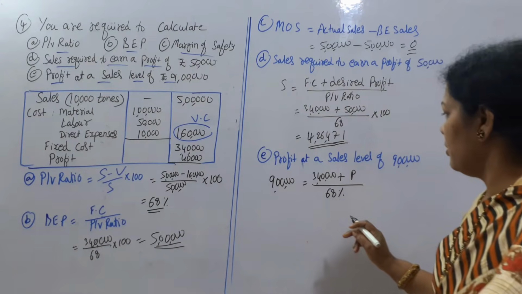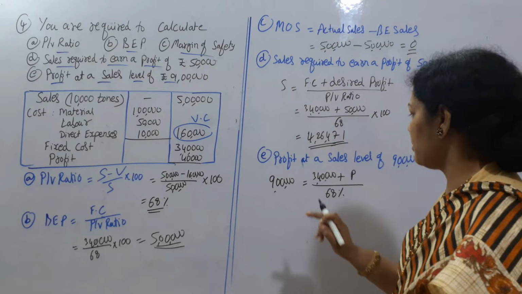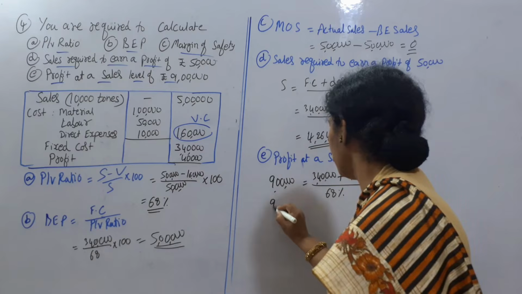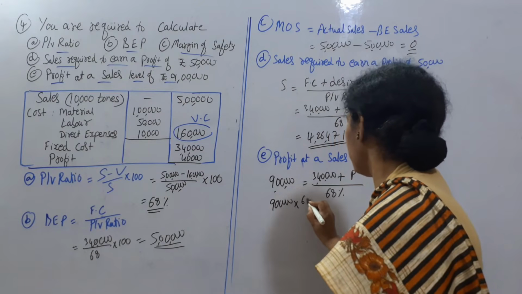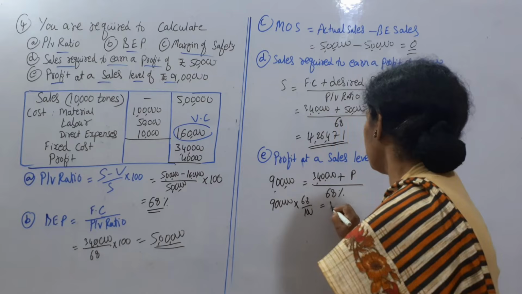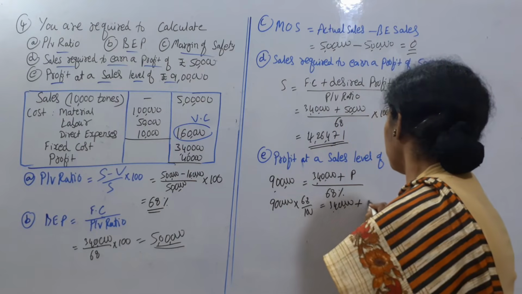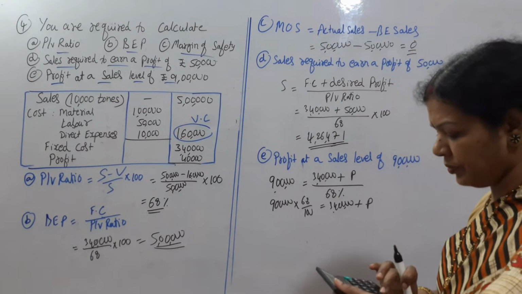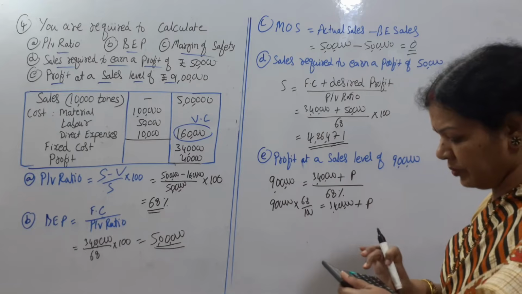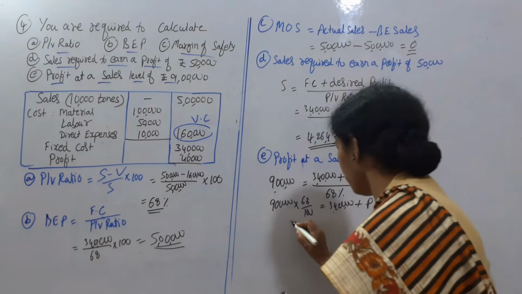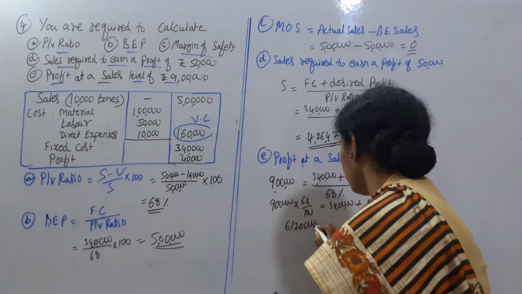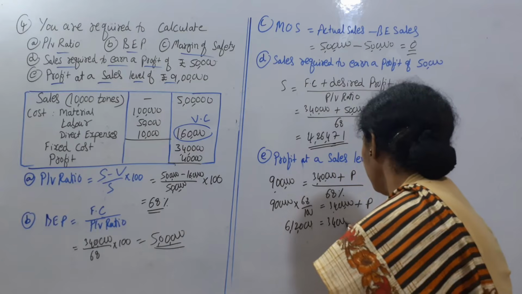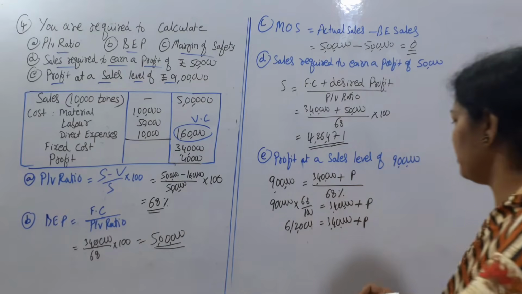So first, 9 lakh into 68% is equal to 3,40,000 plus profit. 9 lakh into 68% is 6,12,000, equal to 3,40,000 plus P, profit.